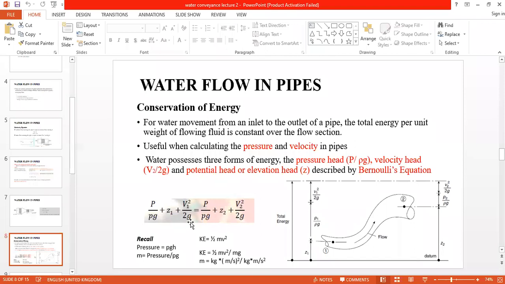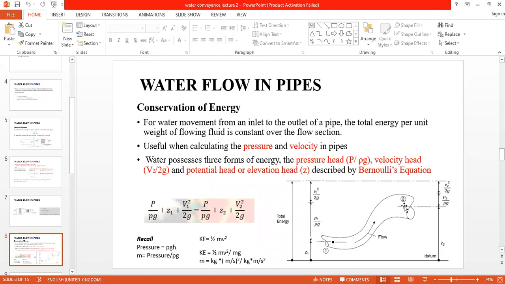So this g is the gravitational force. So at every point, when we add all this, it should be equal at another point. So for example, in this diagram, we have point 1 here and we have point 2 here. So the energy that the water is going to possess at this point should be equal to the energy that the water is going to possess at that other point.